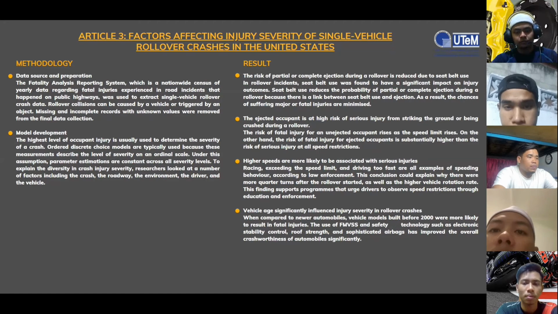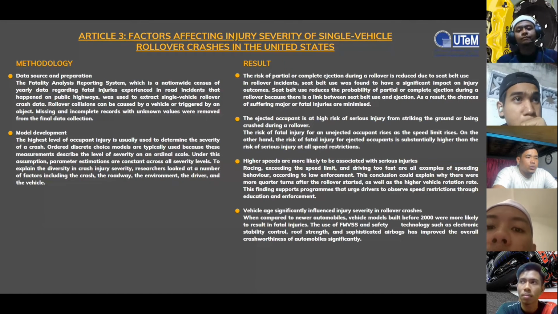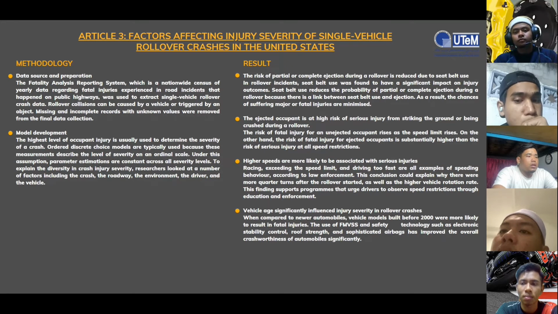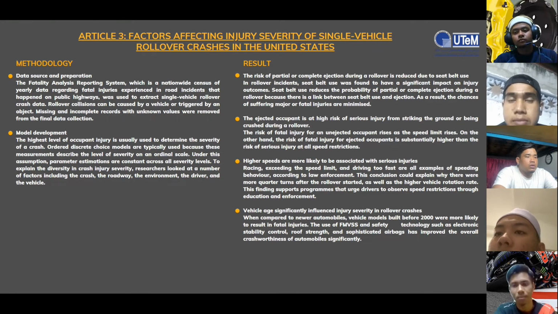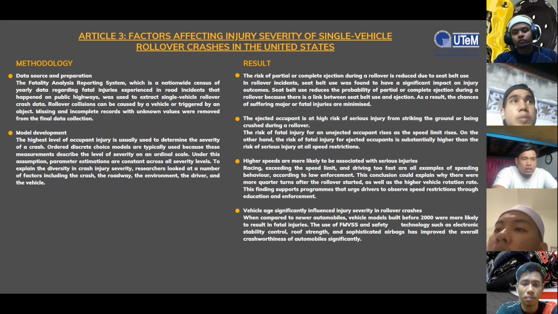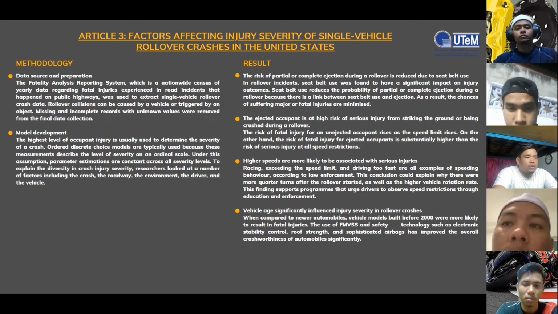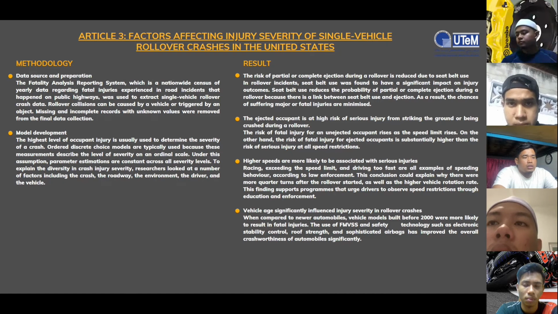So for the result, the rate of partial or complete ejection during a rollover is reduced due to the seat belt. In a rollover incident, seat belt use was found to reduce the probability of partial or complete ejection during the rollover because there are links between seatbelt use and ejection.